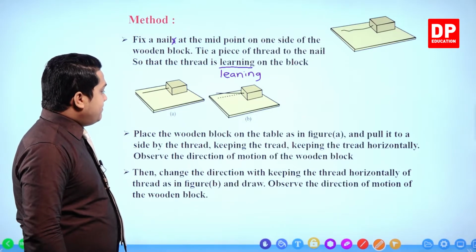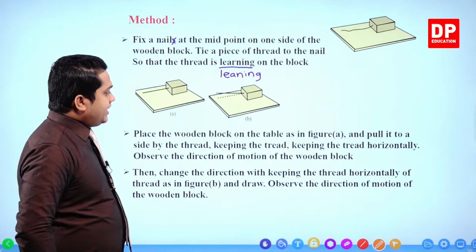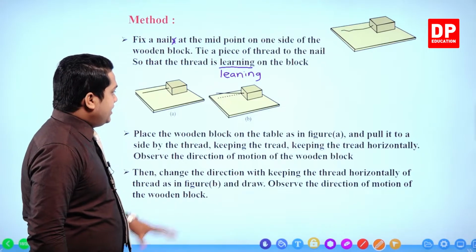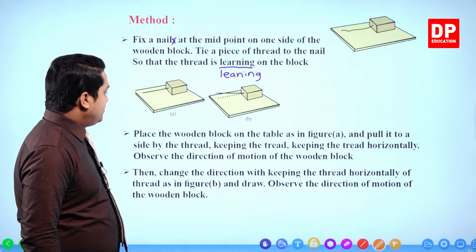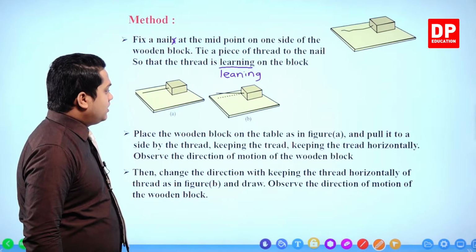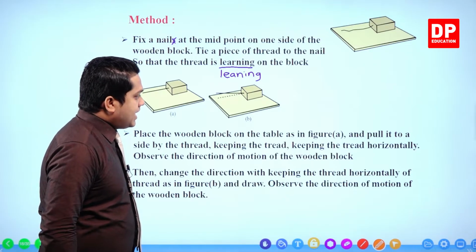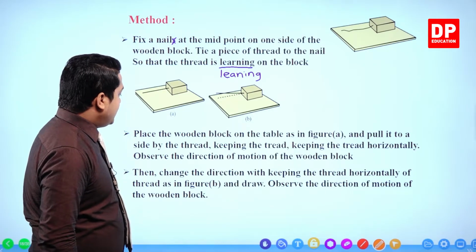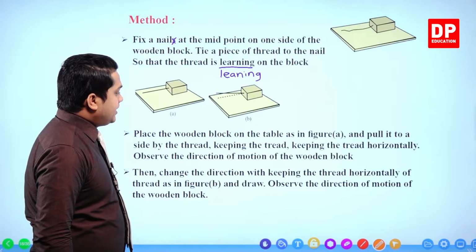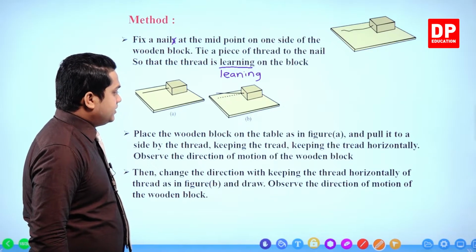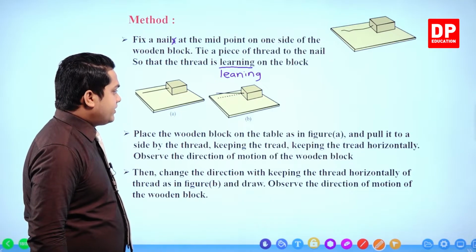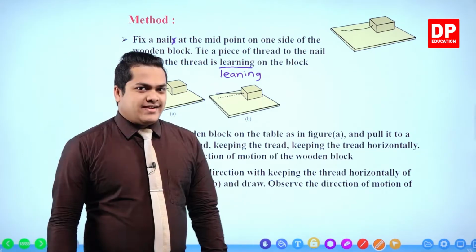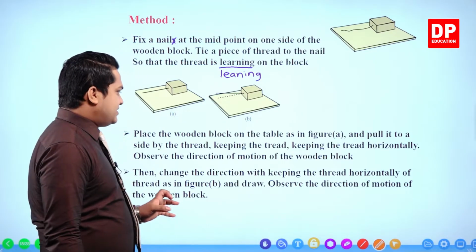Then place the wooden block on the table as in figure A, right? You have to place the wooden block on the table and pull it to a side by the thread, keeping the thread horizontally, right? Keeping the thread horizontally. Right, so my dear children, there is another mistake in here.